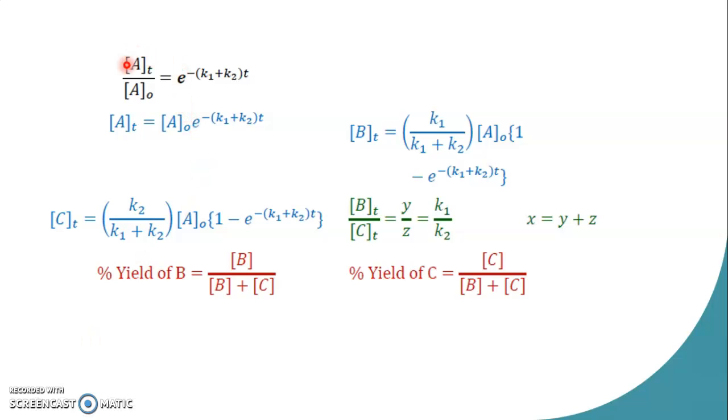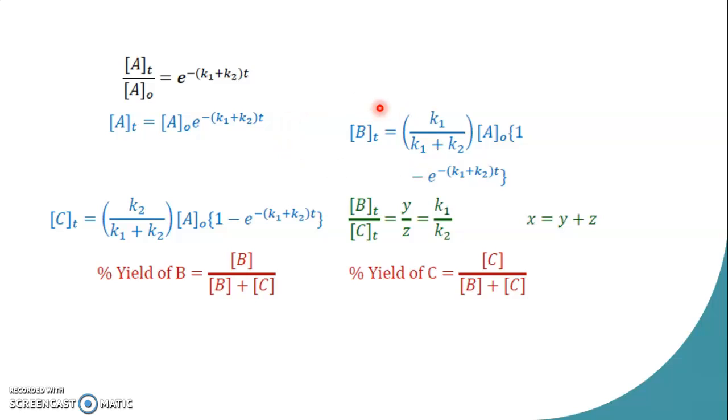So At by A0, the ratio of the concentration of the reactant at time t to the initial concentration, is equal to e raised to minus K1 plus K2 into t. From this, the concentration of A at time t is A0 into e raised to minus K1 plus K2 into t.